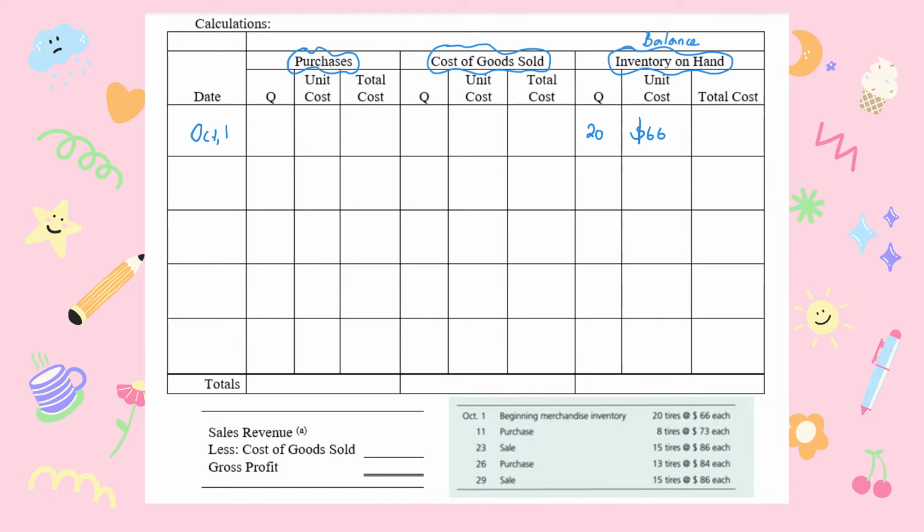So it's gonna be 1,320. Then on October 11, we had a purchase of 8 units at 73 each. So under purchases, I'm gonna write 8 at 73 each.